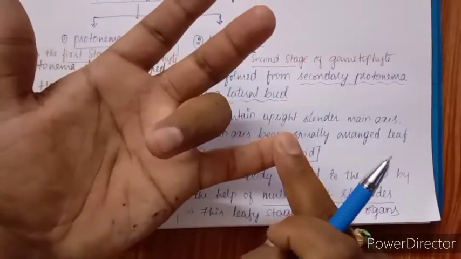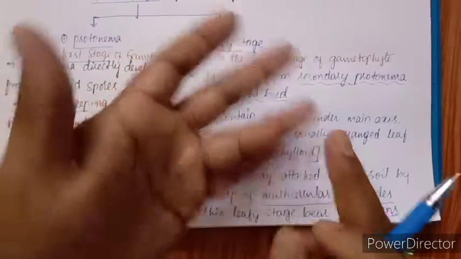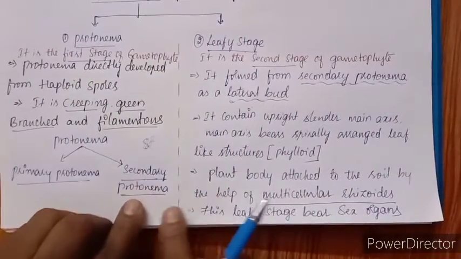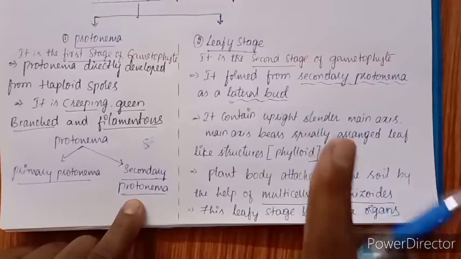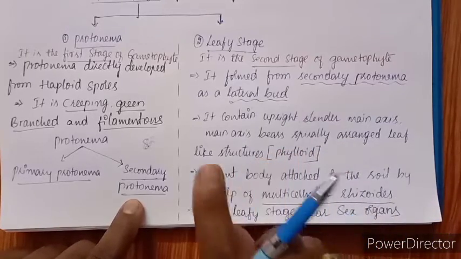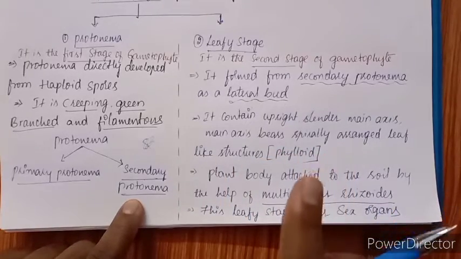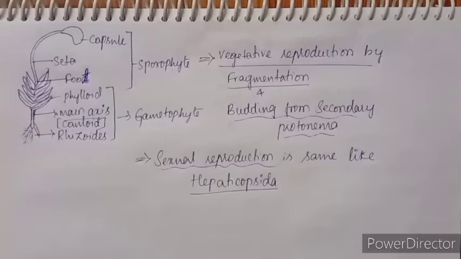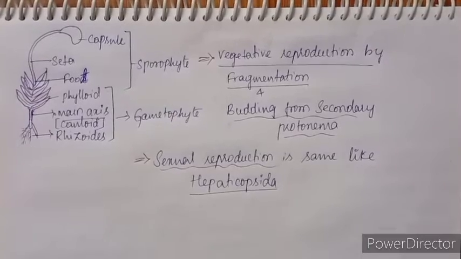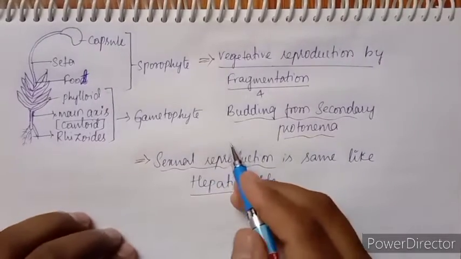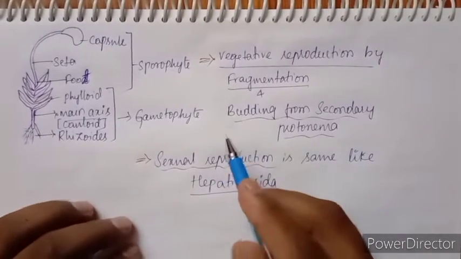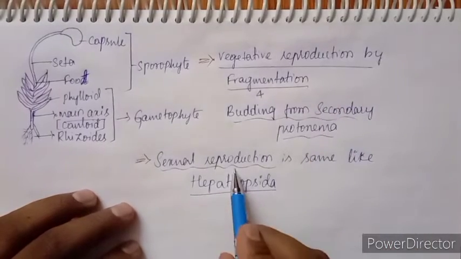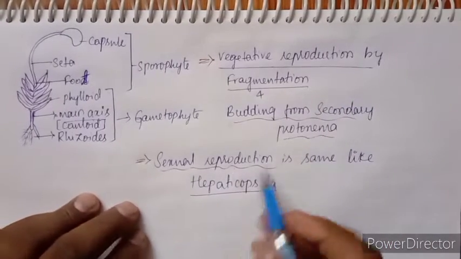Antheridia produce antherozoids, archegonia produce the egg; sexual reproduction is the same. And the secondary protonema produces buds, and from those buds there is a formation of asexual reproduction. Next we are moving towards reproduction. There are two types of reproduction: vegetative reproduction and sexual reproduction.